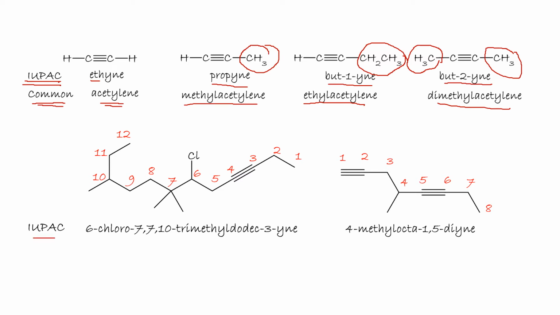Let's see here the IUPAC name for this one. The longest chain will be the one containing 12 carbons, so it will be dodec. We number the chain by the shortest way to the triple bond. So it will be 1 from here, 1, 2, 3. So it will be dodec-3-yne.